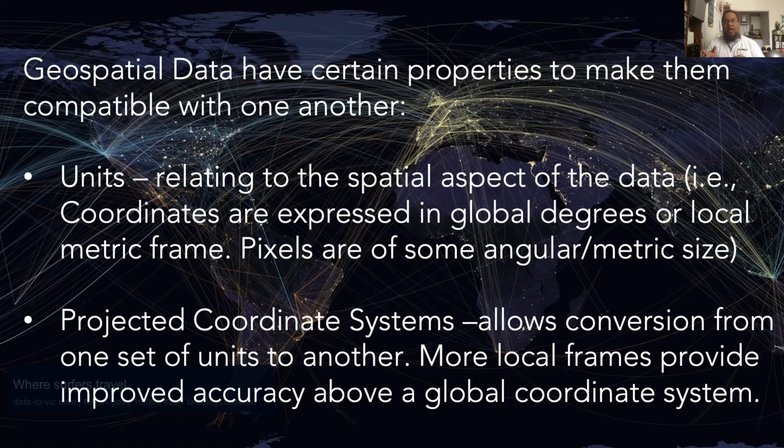So the reason that you'd have different metrics is because globally you'd be cleverer to store your data in terms of a spherical geometry, just so that you have one set of coordinate systems to play around with. And then when you deep dive in, you probably want a more local thing, so you want to change it to the meters. The reason for this being so is because the Earth is not a perfect sphere.